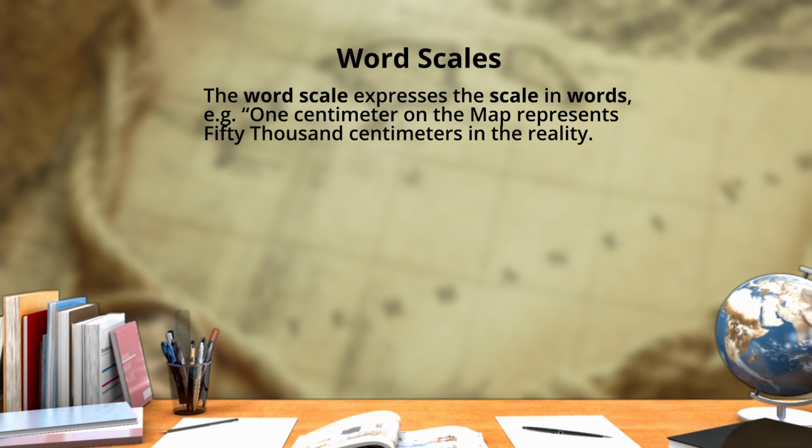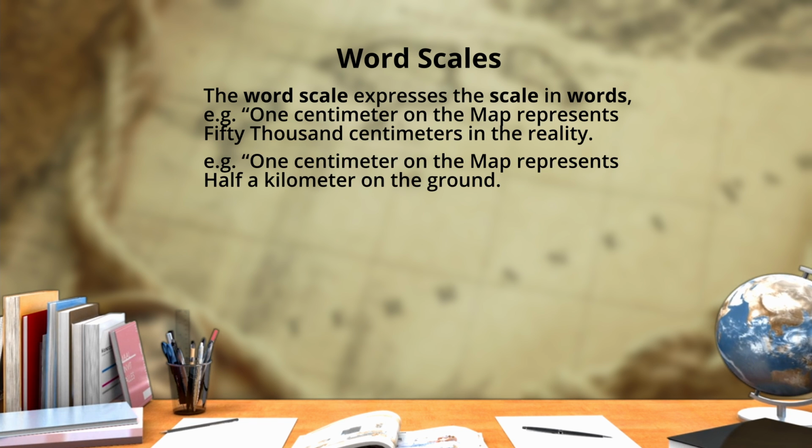Or you can leave the ground distance in other units. For example, 1 centimeter on the map represents 0.5 kilometers on the ground. It's still a correct statement scale.